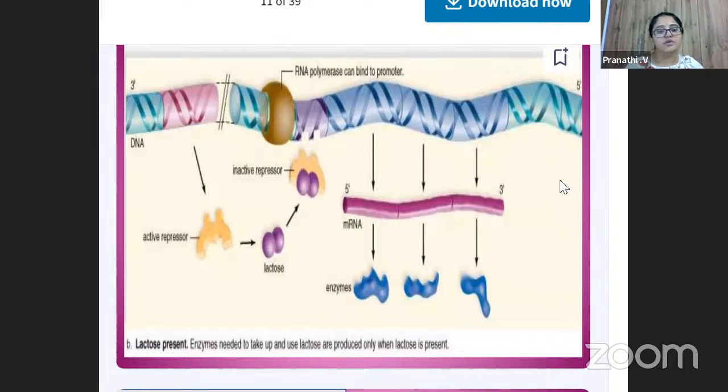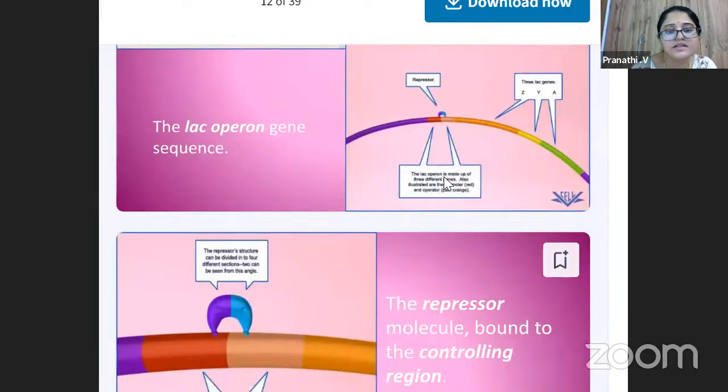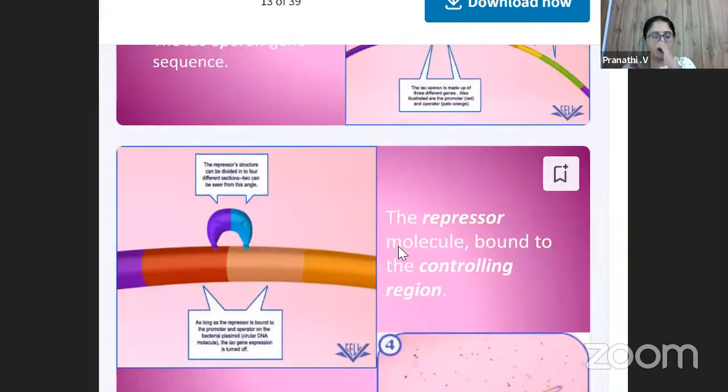Whenever the repressor protein is not there, RNA polymerase comes over, binds at the promoter site, and protein synthesis takes place. And then the lactose present is broken down by the different enzymes, that is Lac Z, Y, A.